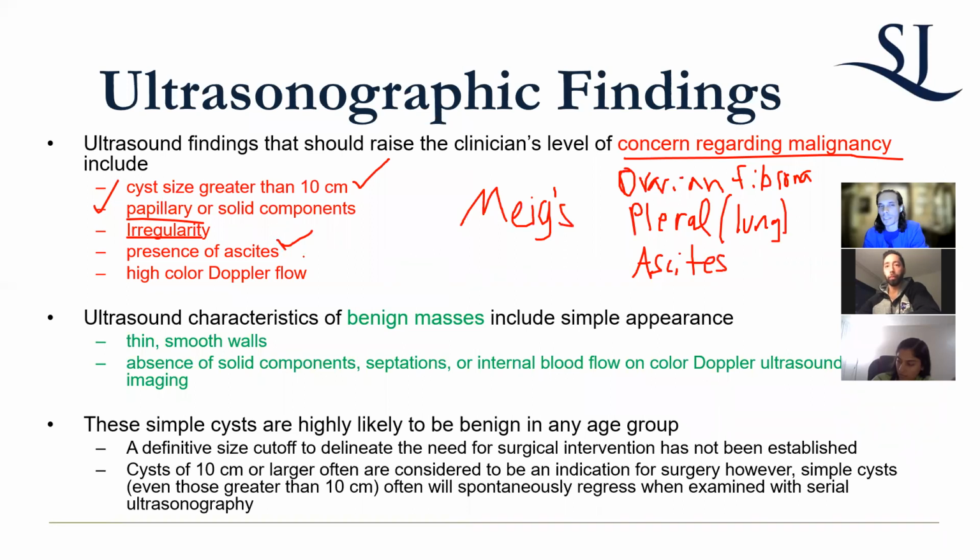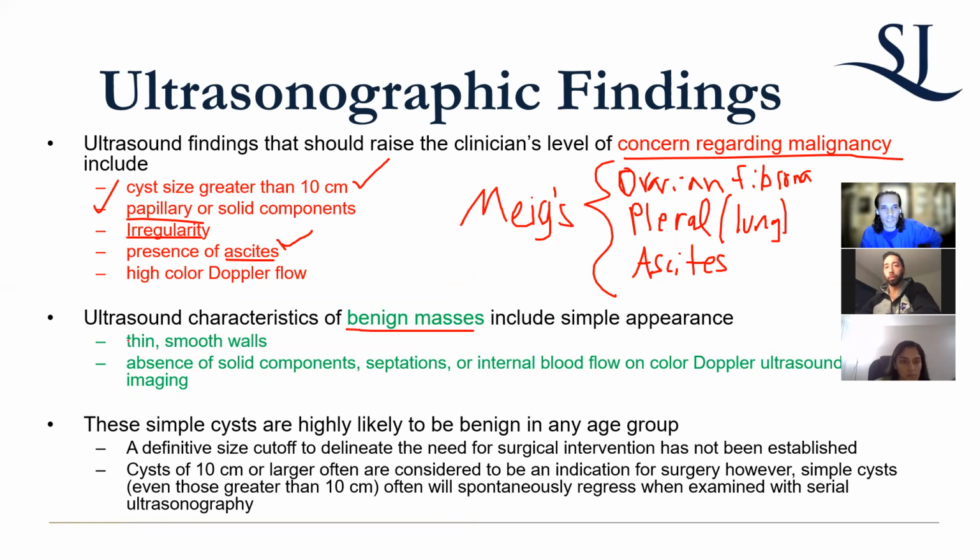But generally, if you have ascites, you're thinking of cancer, okay? But you can have something called Meigs syndrome. If they mention a solid ovarian mass, which is going to be a fibroma, and you have a pleural effusion and ascites, that's really the deal with adnexal masses.